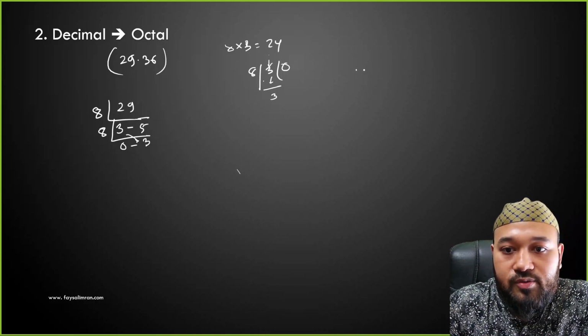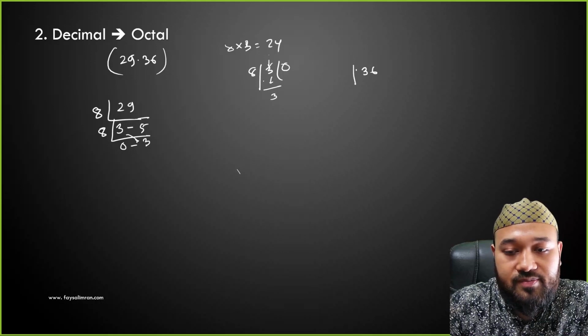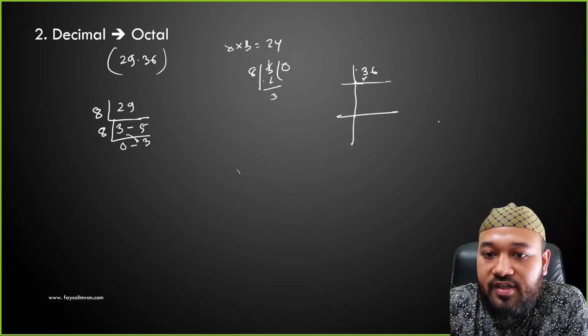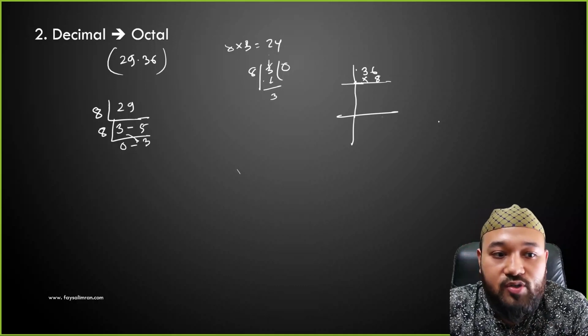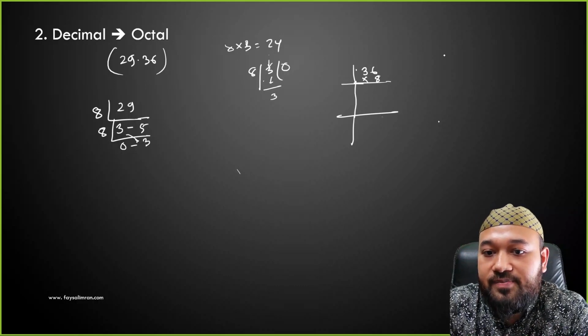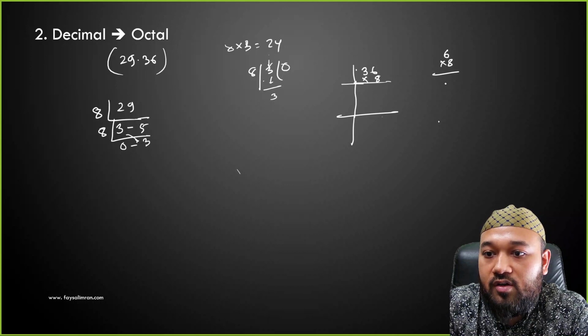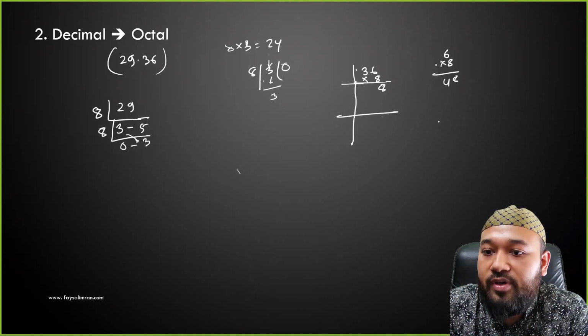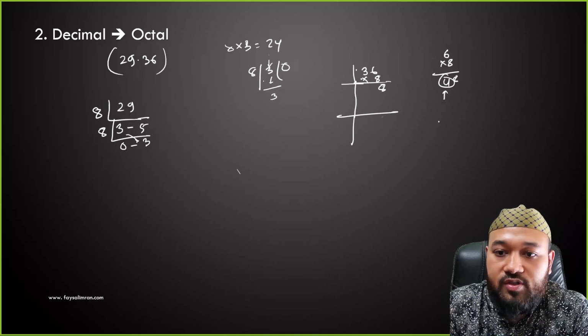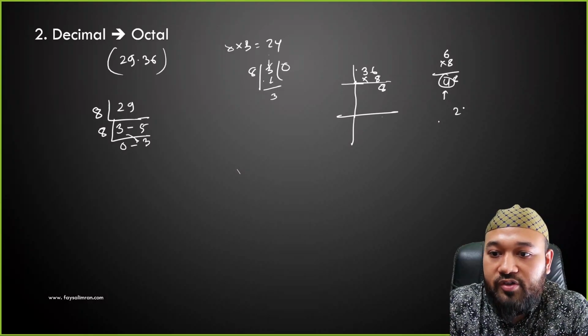Also we have to multiply 0.36 by 8, decimal to octal. So 6 into 8 is 48. We put it here 8 and we have 4. So 8 into 3 is 24, 24 plus 4 will be 28.